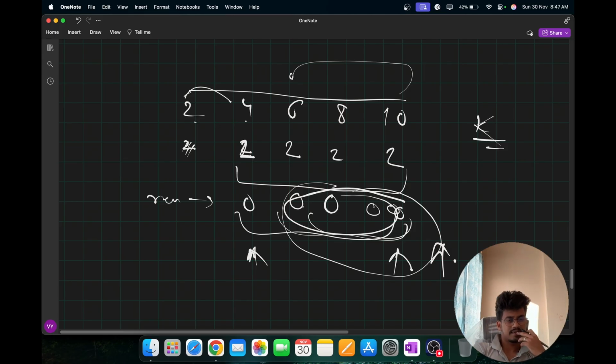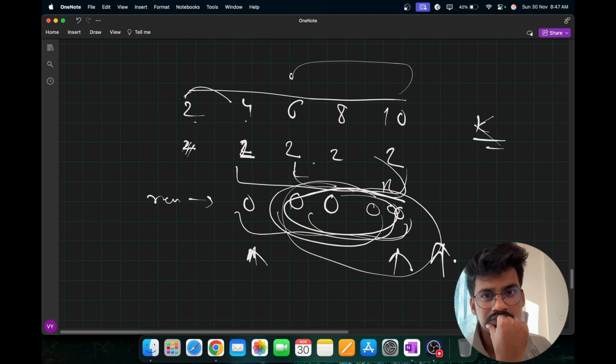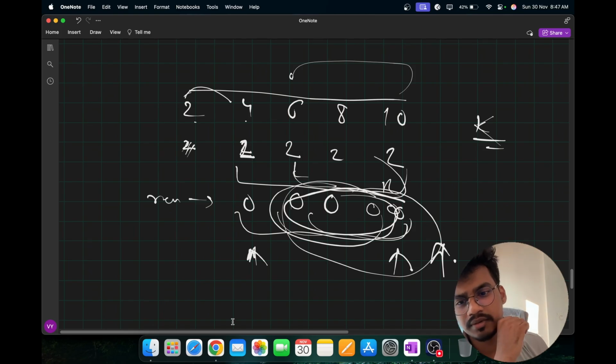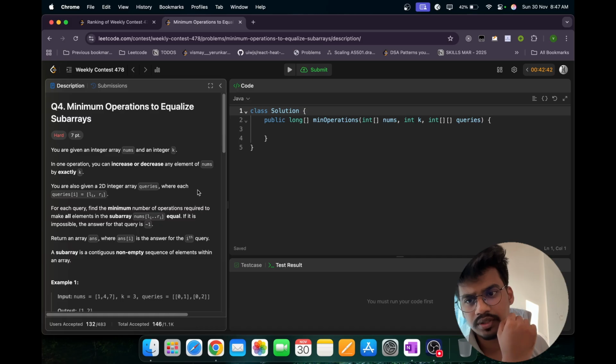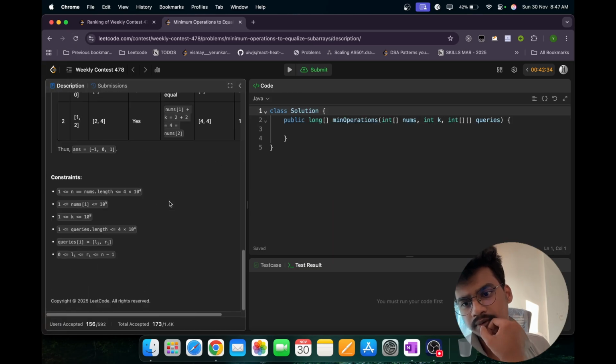This is 0, which means that this complete L to R is having zeros. Yeah, this is some idea which we can build upon.